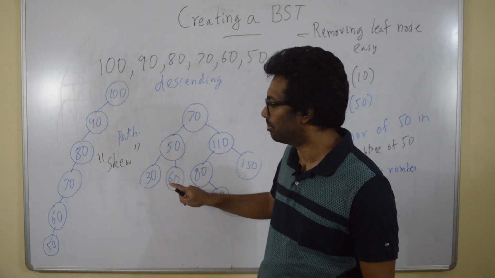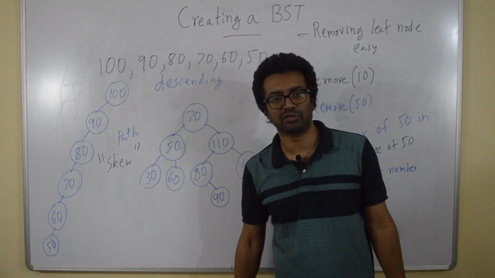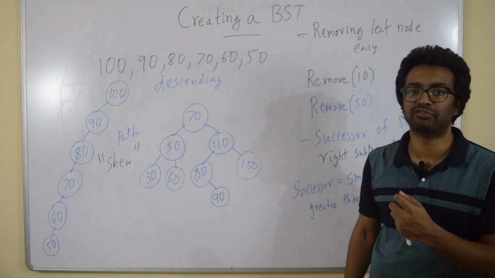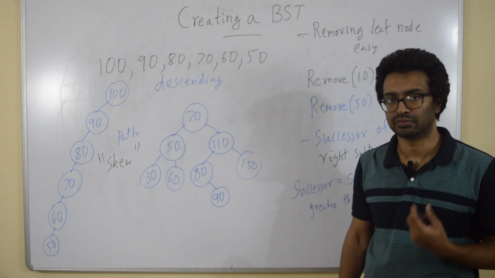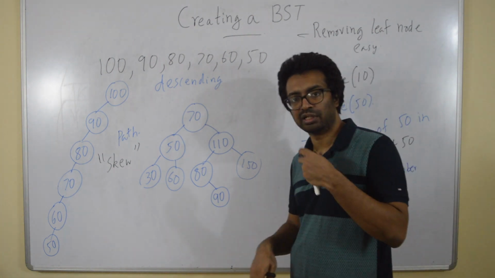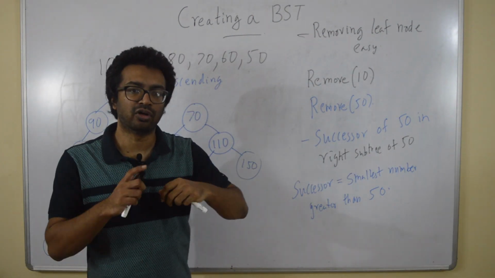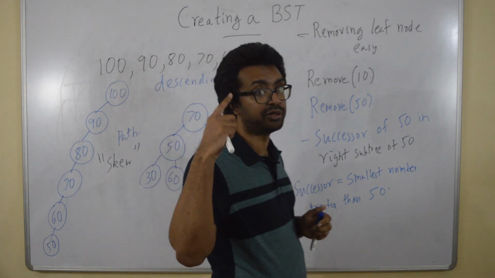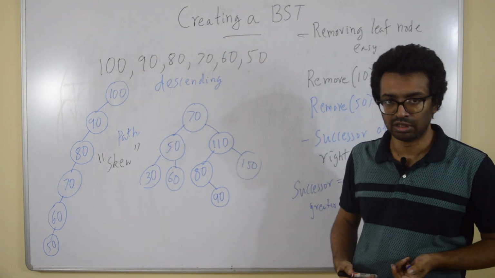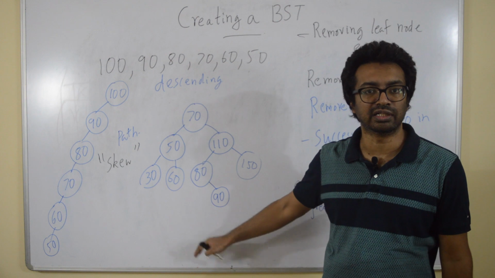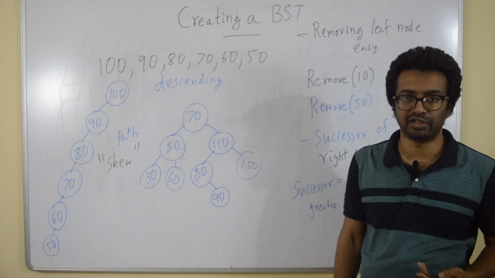That is the number 60. Now what I do is the following. I remove that number 60 from this tree. I call the same function again, and call remove 60. Maybe that also has to be recursively removed. Maybe 60 has its own children, etc. So then it will have to be recursively removed.